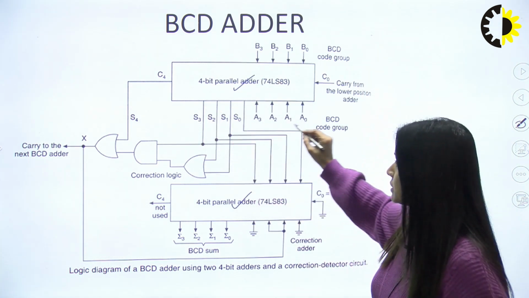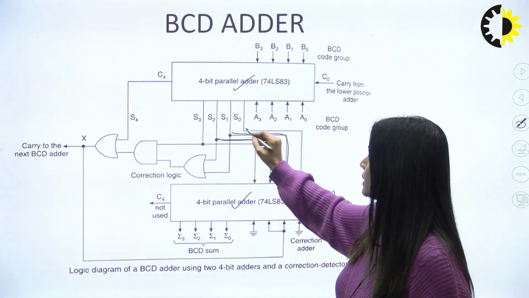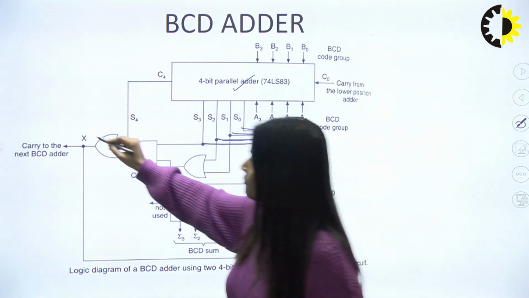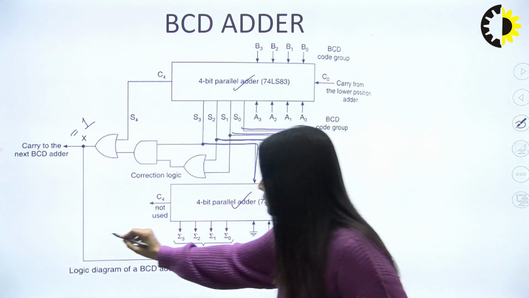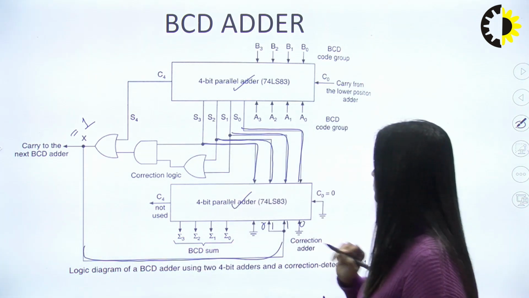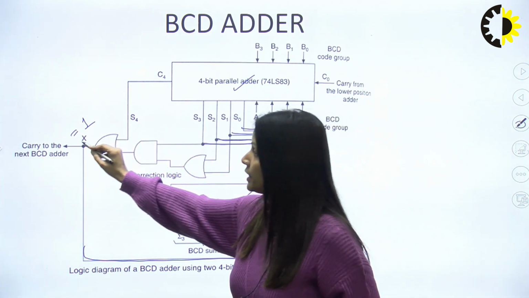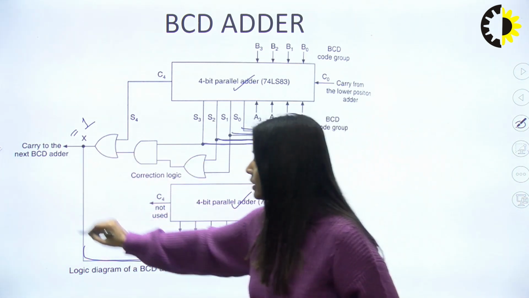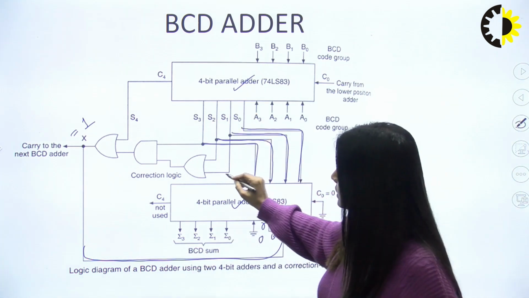If the sum is between 0 to 9, this is propagated same, and if it is 1, then the second will be added to 0, 1, 1, 0, like this. So if this carry is 0, then nothing will be added. If this carry is 1, then 0, 1, 1, 0 will be added.